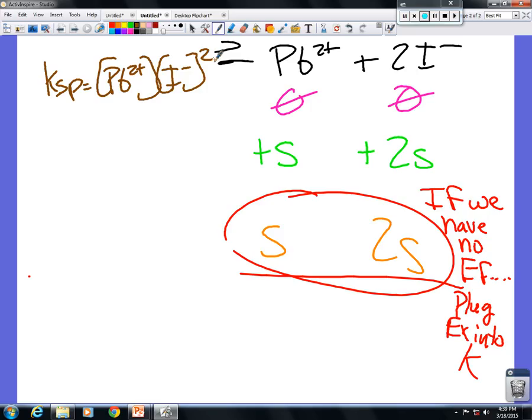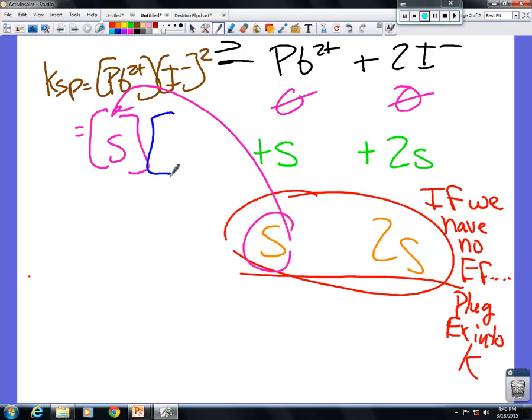Alright, so what I told you to do was take the EF row and plug it into K. What was the value that I would plug in for the lead iodide concentration? Do you agree that's true? All I did was take this number and plug it right in. What do I plug in for I minus? 2S, and what do I do with it?